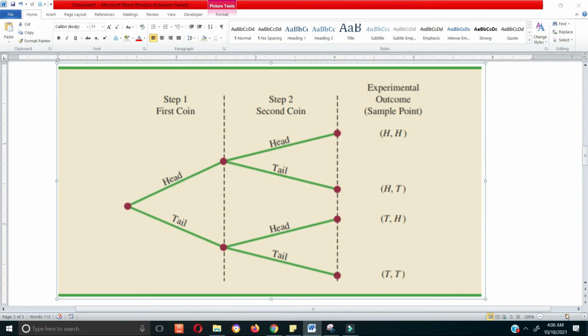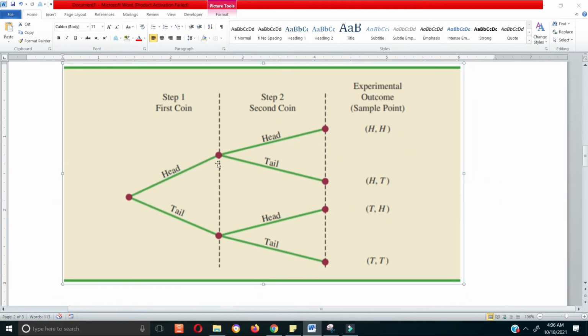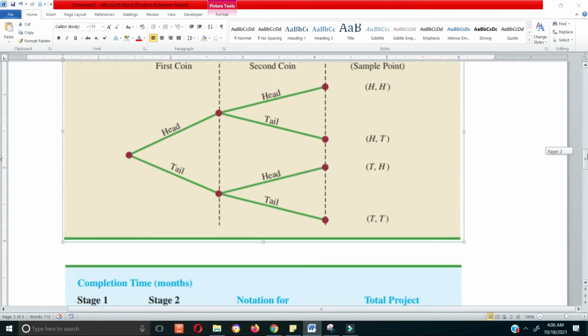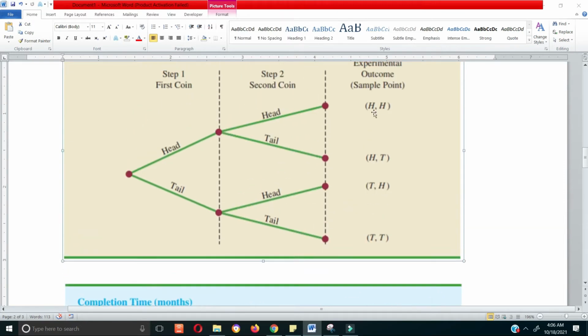So in this case, we have the coin example. As already said, HT and TH are actually different outcomes, so you can generate this sample set using permutations. And this is what you refer to as a tree diagram. A tree diagram is something that helps you visualize the outcomes in a multi-step experiment.